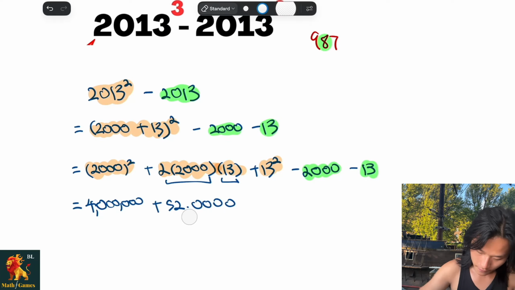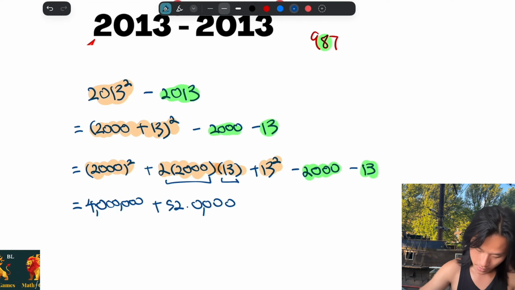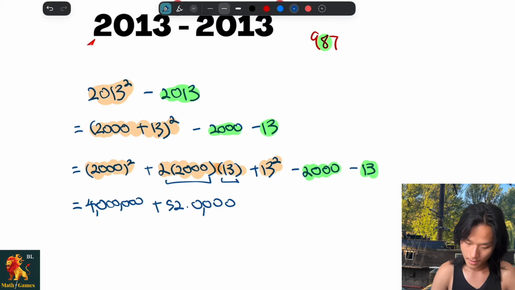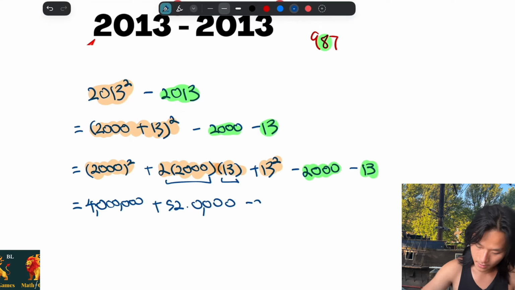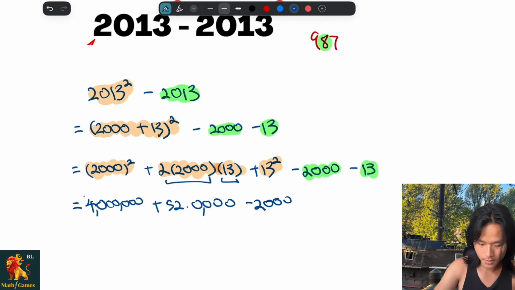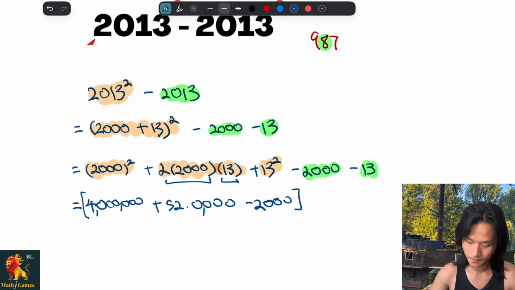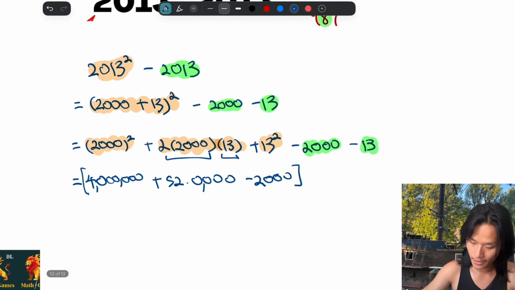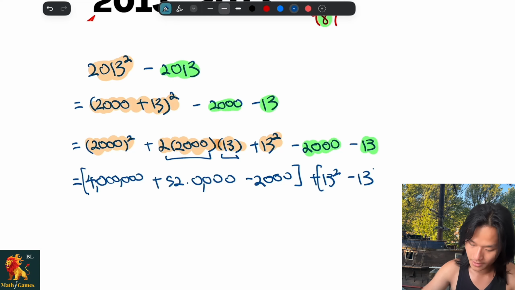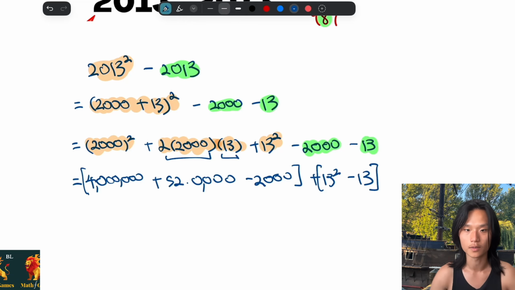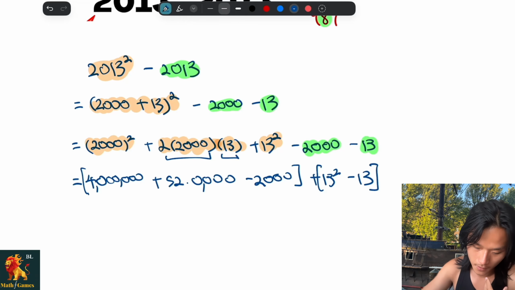So 52 0 0 0, and then we minus 2000. Okay, so I want to group these terms into one bit, right? And then we are left with plus 13 squared minus 13. And these two also form one group on their own.